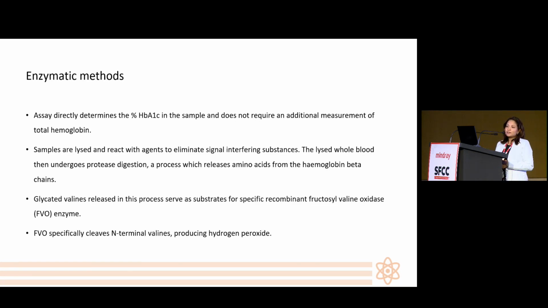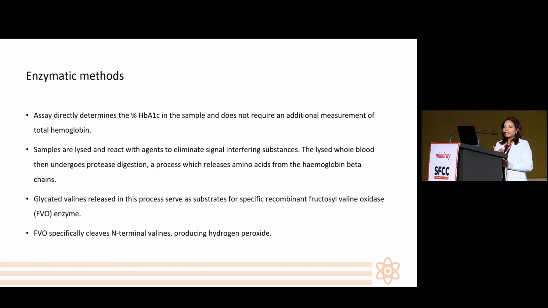Now, the enzymatic method. In this, the percentage of HbA1c in the sample is directly measured, and it does not require any additional measurement of total hemoglobin. The samples are lysed and react with agents to eliminate signal interfering substances. The lysed whole blood then undergoes protease digestion, which releases amino acids.